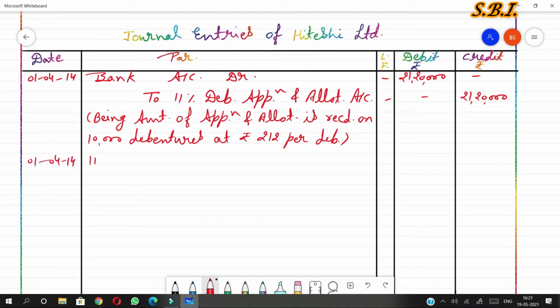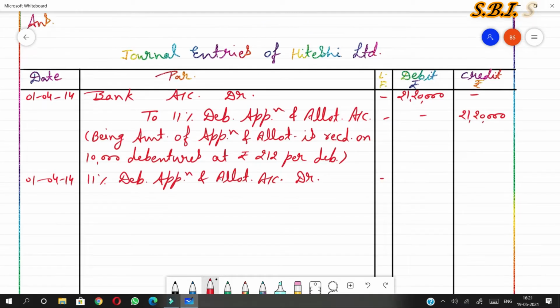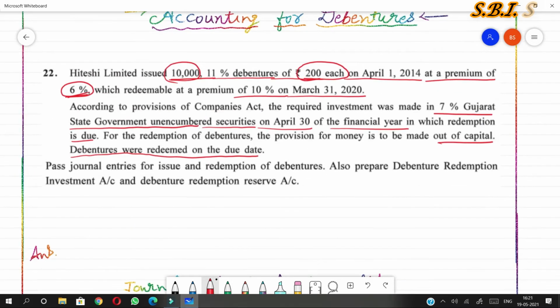1/4/2014, 11% debenture application and allotment account debit. Here you will see that the company issued the debentures at premium and also redeems them at premium.